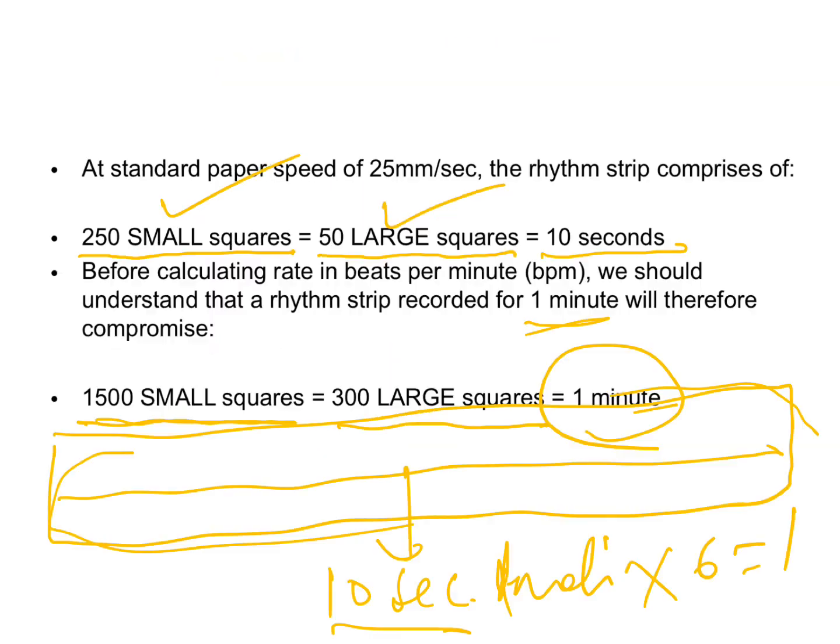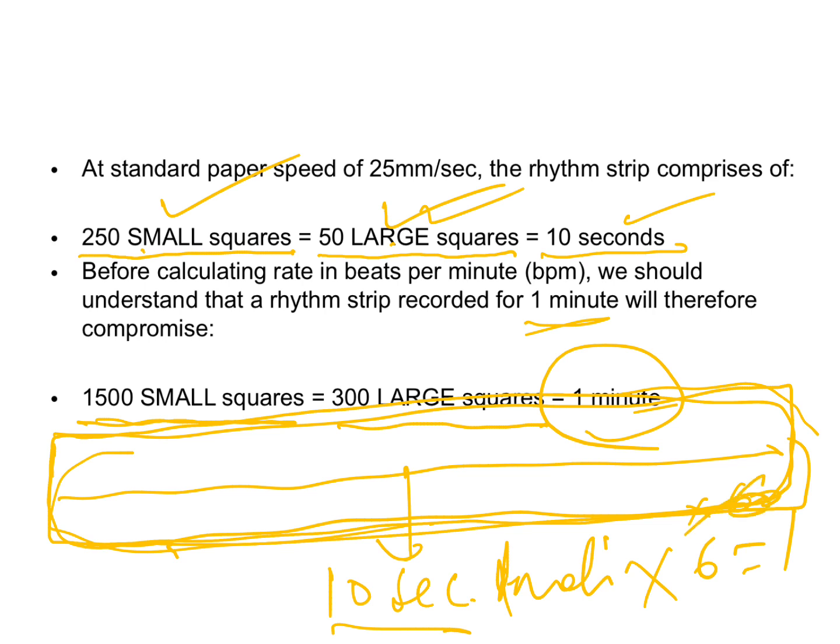Let us go to the previous slide. We could see that one ECG rhythm strip contains 250 small scale or 50 large scales, that is equal to 10 seconds, and to make it 1 minute we have to multiply it by 6. So when we multiply 10 seconds into 6, we get 60 seconds, that is 1 minute.